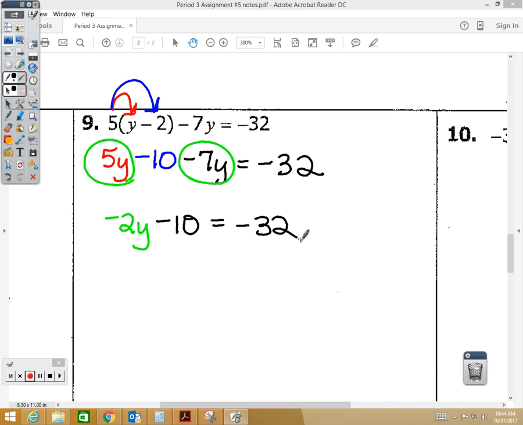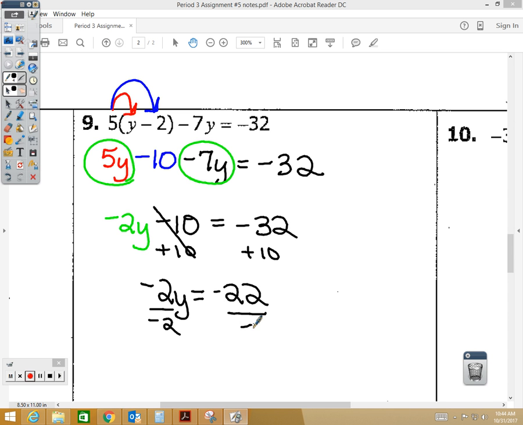We're going to do what now? Plus 10. This can be the last one we have to do, okay? Minus 10 plus 10 are gone. Negative 2y equals negative 22. Negative 32 plus 10 is negative 22. And then divide by negative 2. Y equals a positive 11.